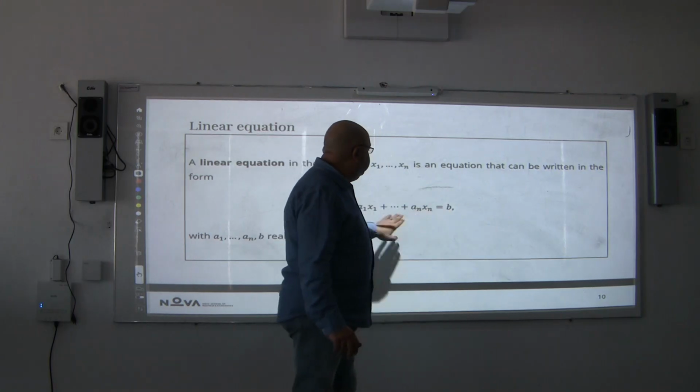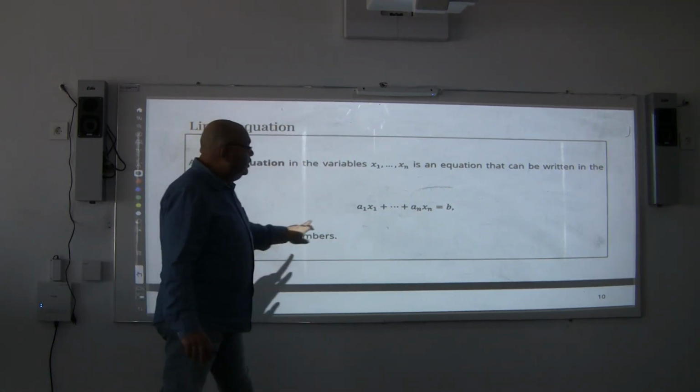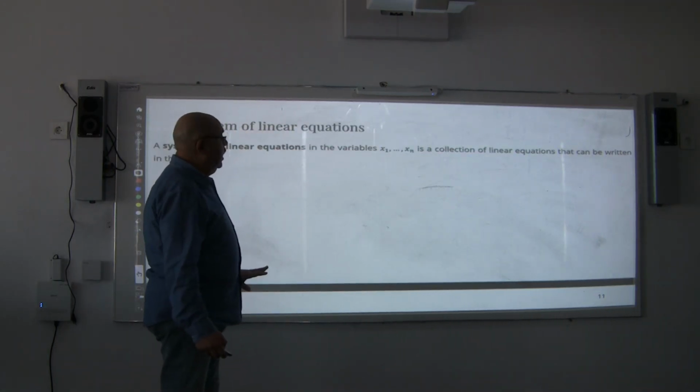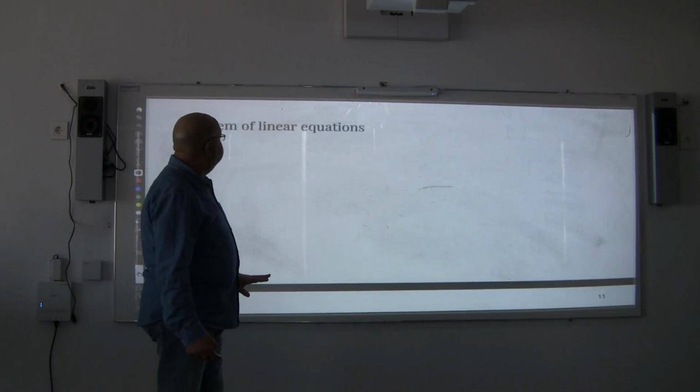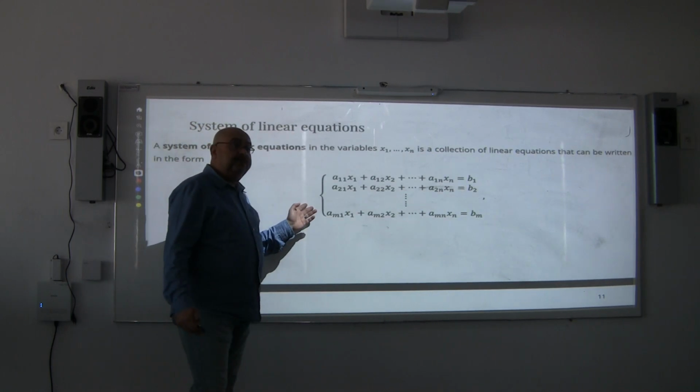A linear equation in the variables x1 up to xn is an equation that can be written in the form where a1 up to an are real numbers, and b, of course, also belongs to the real numbers. A system of linear equations is going to be like this.